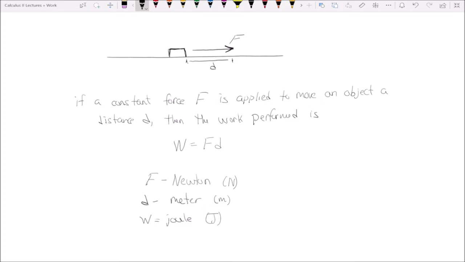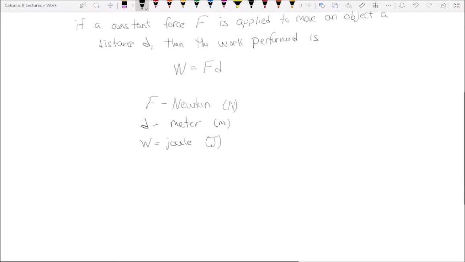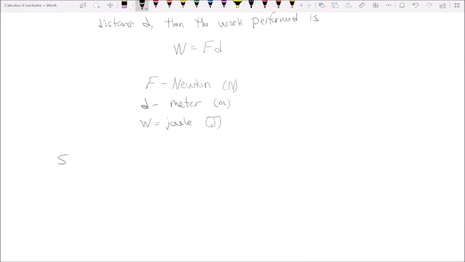However, it is very rare that a force applied is constant. So what we do now, suppose we have a force F of x that varies with x.